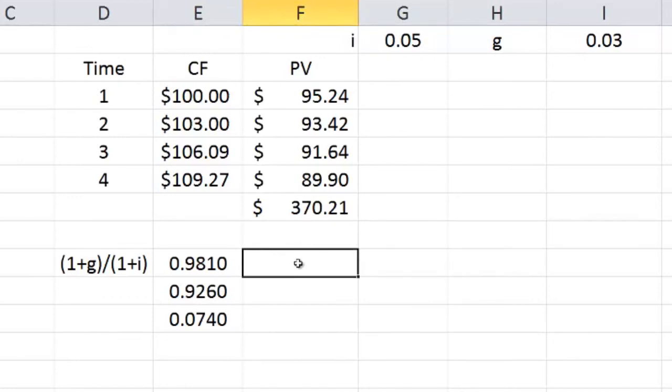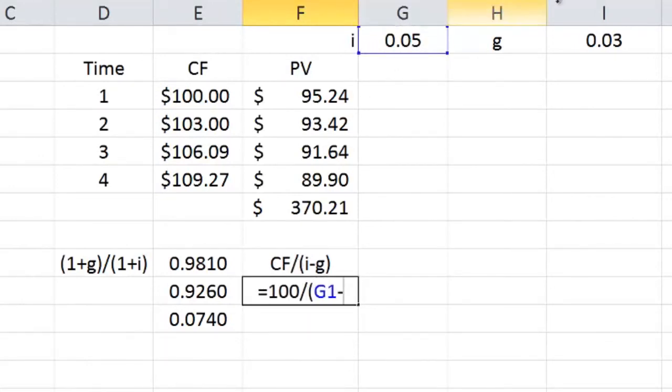But now we'll calculate the other side of that equation, or the first part of the left side, which is the cash flow divided by I minus G. So that's 100 divided by I minus G. So that's 5,000.